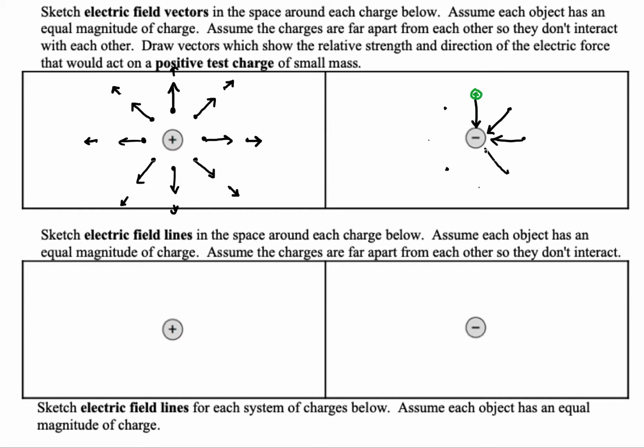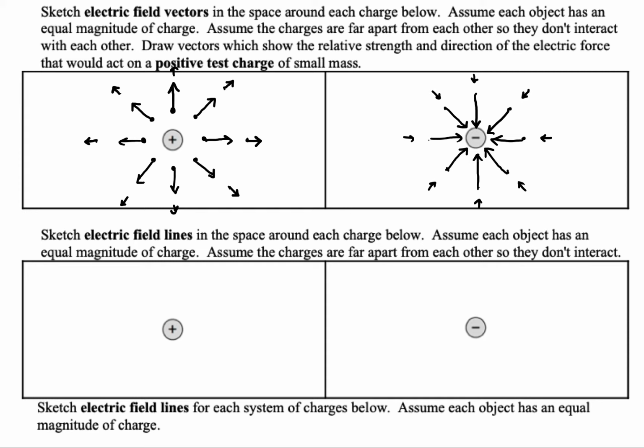So the directions of our vectors have to reflect that. All right, and then we'll just draw what the field would be like farther away from the charge. It'll be weaker, but it'll still pull in. There we go. That's the electric field.